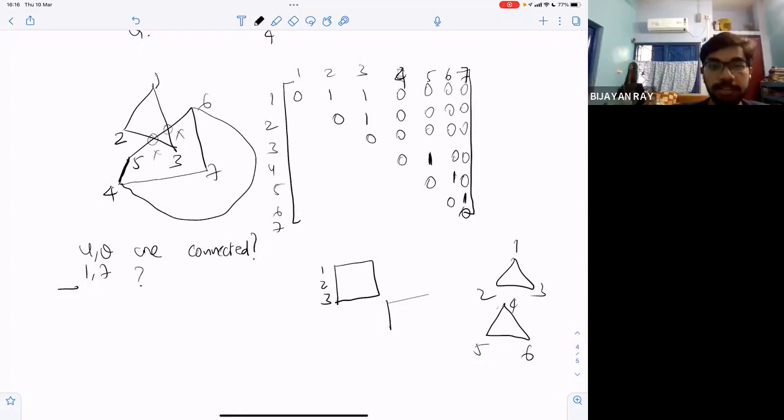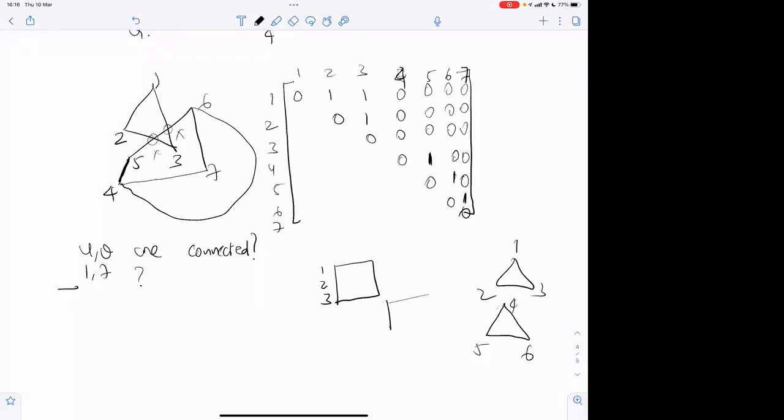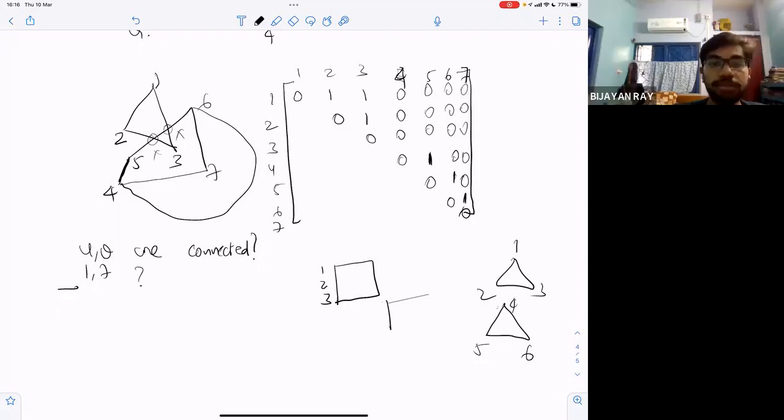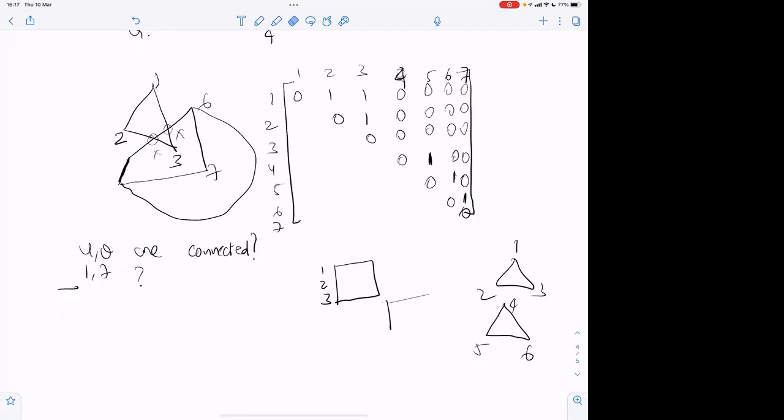So 4 and 7 connected means from 7, when we crawl down, it will reach 4 directly. So we check then the 4th column. And since 4 is not connected to 1, 2, 3, it will just stop. But what is so special about 4? If from 7 we go down, the first one occurs at 4.